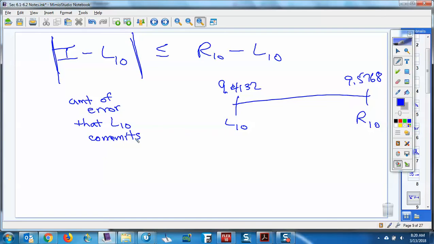L10 has that much error. That's what the left side is. So if the amount of error is less than or equal to this, it's like saying this is the max error. So this side is like saying the max error, because you have this less than or equal to.